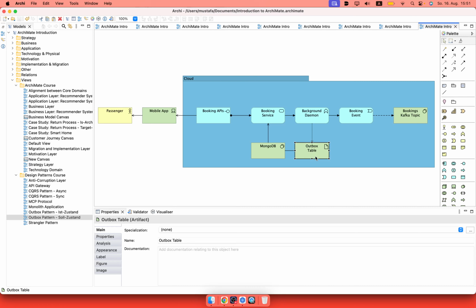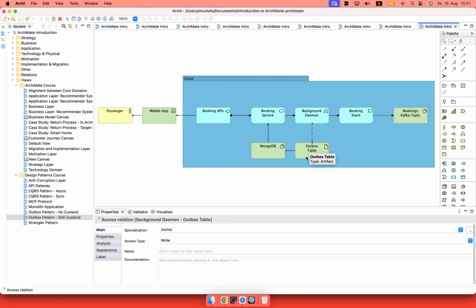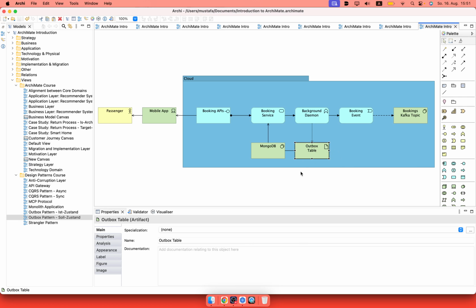In the Outbox table, we'll have the booking event. Optionally, we could have a trigger to a daemon running in the background, asynchronous and independent from the foreground service that's responding to the mobile application. And this will access, this is an access notation in ArchiMate, the Outbox table. And because of the trigger, this will be as near to real time as it gets, and asynchronous.